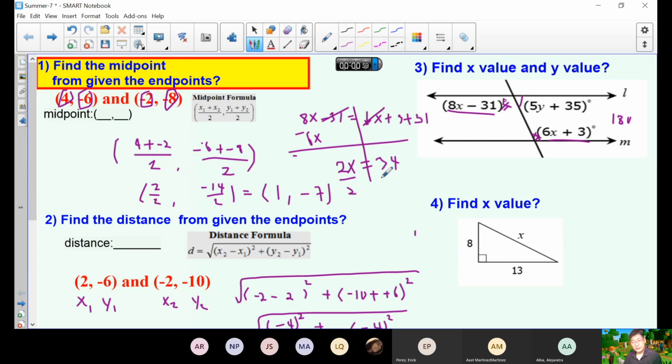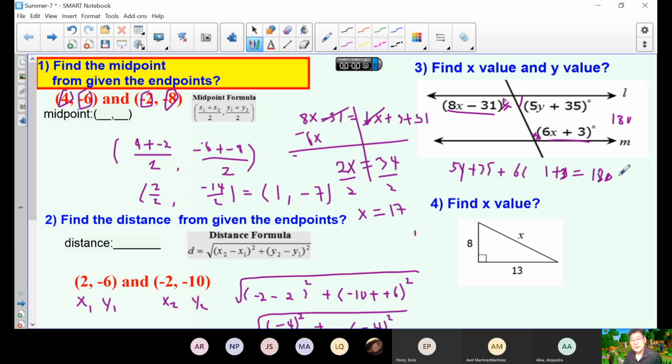Divide by 2, divide by 2, which makes x equal 17, right? So we get x is 17. So now look, you can plug in here, right? These two making together 180, right? So 5y plus 35. Now this one plus 6x equal 180.